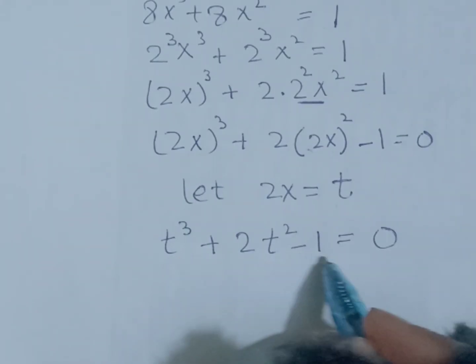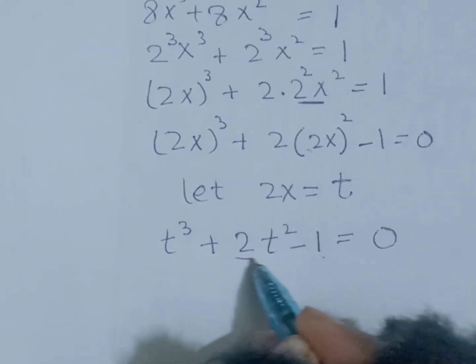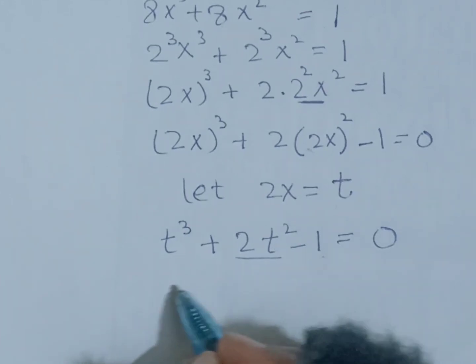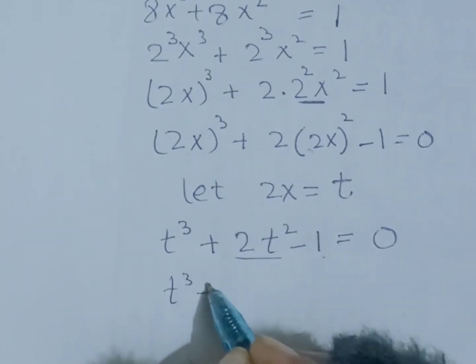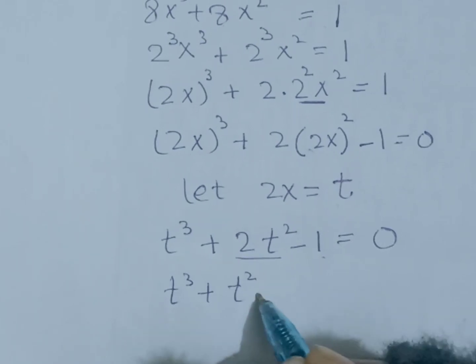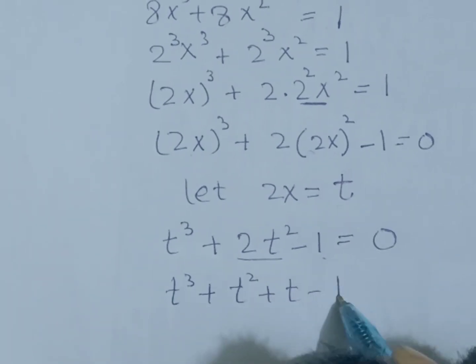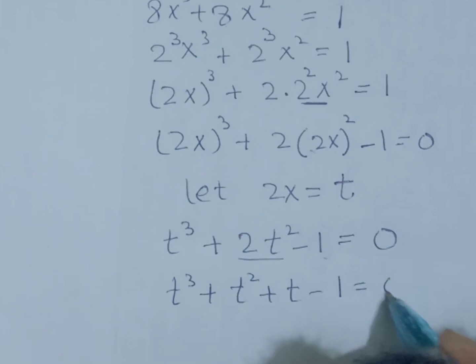We factorize this equation. This is 2t square, so we can write this as t square plus t minus 1 equal to 0.